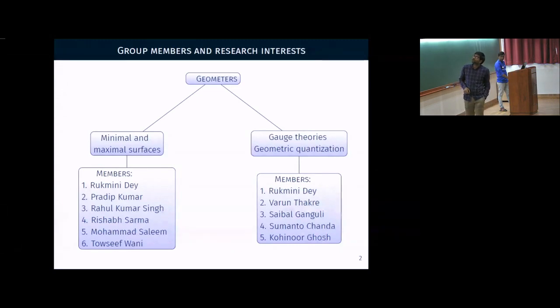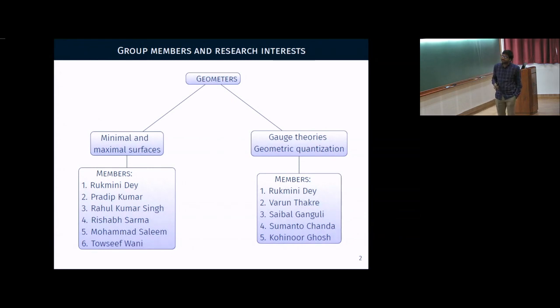So even amongst geometers, we have two well-defined groups, one working on minimal and maximal surfaces, and the second one broadly working on gauge theories, the geometric quantization of the moduli spaces that come from these gauge theories and some associated geometries. The minimal and maximal surface group is led by Rukmini Te.